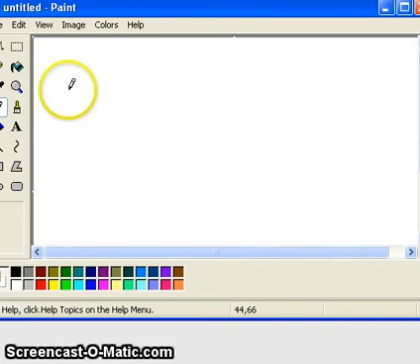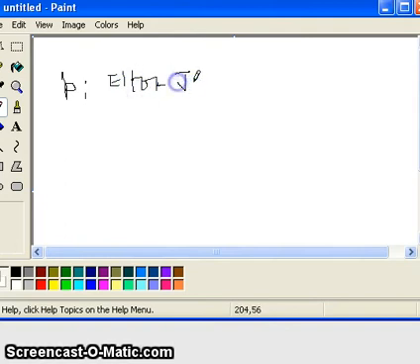So here's an example that I want to use. P represents a premise, and that says Elton John plays Daniel's song. Hope everybody has heard this song.